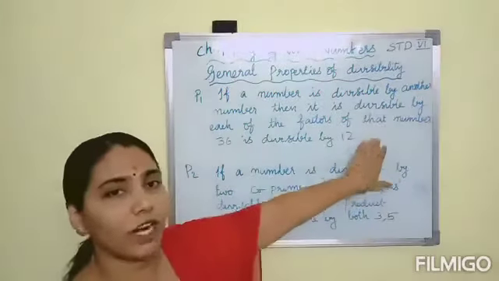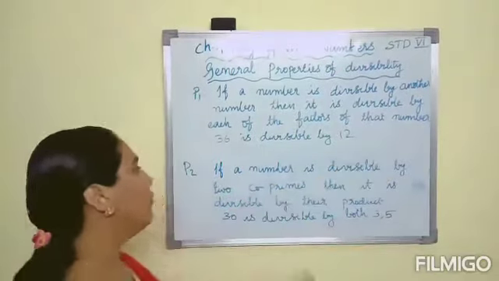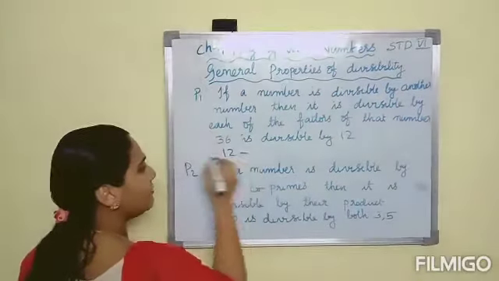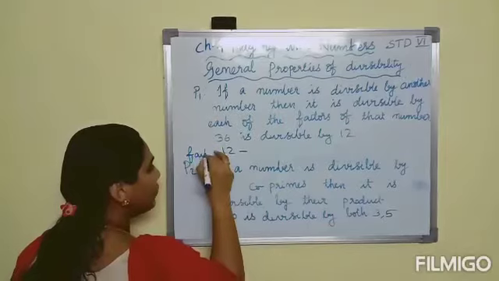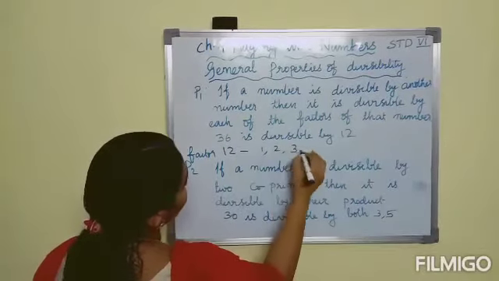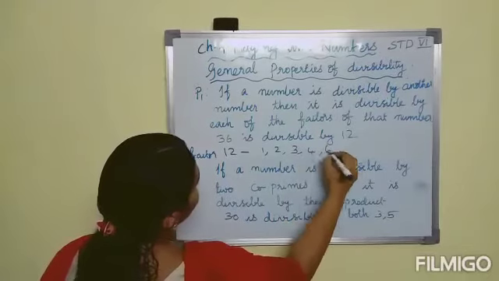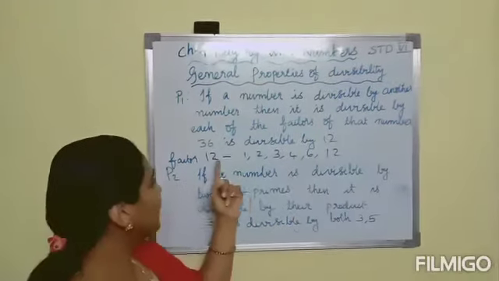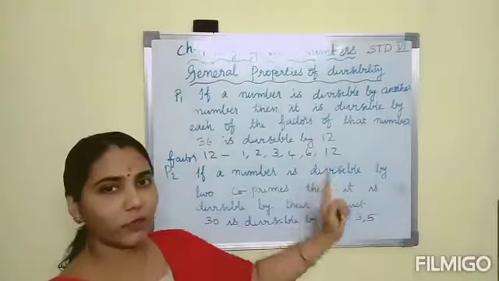Now you can check what all the factors of 12 are. Factors of 12 are 1, 2, 3, 4, 6, 12.